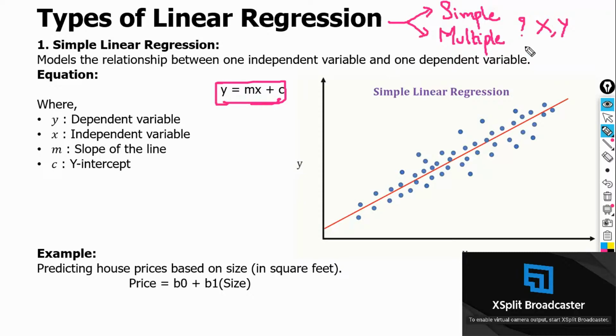What about multiple linear regression? If you have more than one input, it might be 2, 3, 4, and so on, and one output, it is multiple linear regression. If you have only one input, use simple linear regression. If you have multiple inputs, use multiple linear regression.